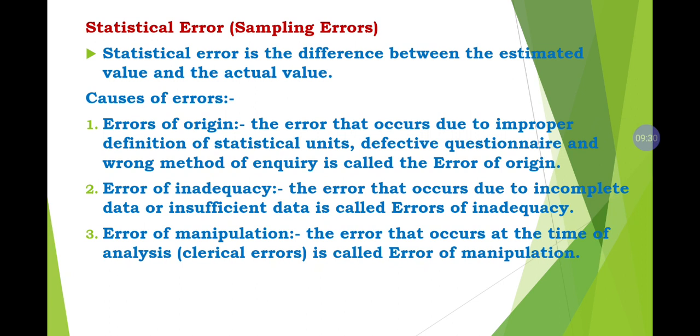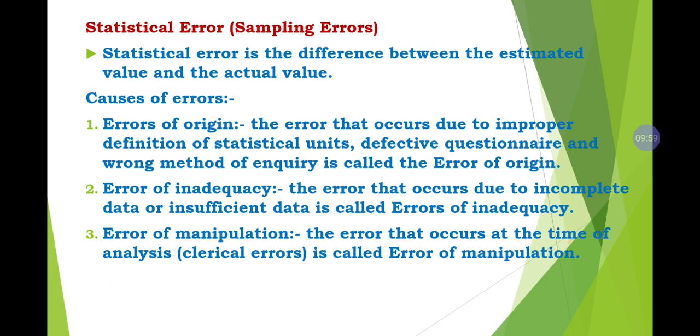If the origin, the basement itself, is wrong, the entire data collection will go in a wrong way. So the starting itself is the error.